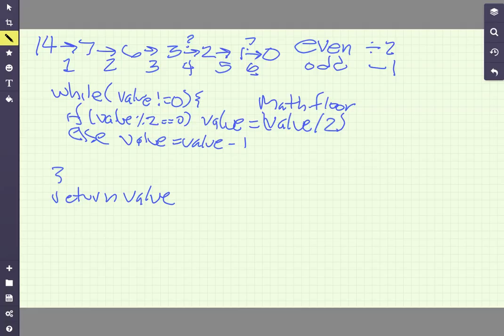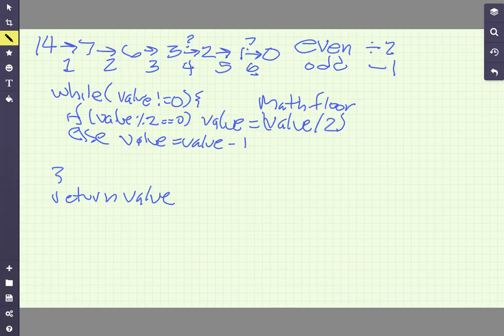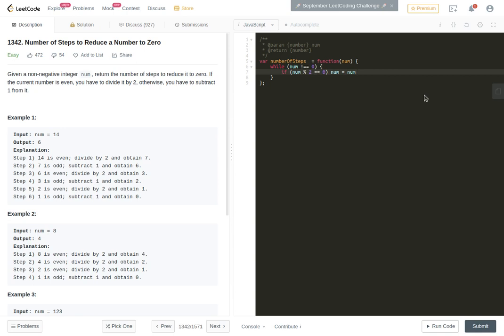While num is not equal to 0, if num modulo 2 is equal to 0, then num is equal to num divided by 2, math.floor that bad boy, else num is equal to num minus 1.